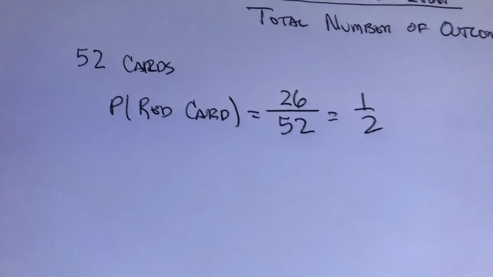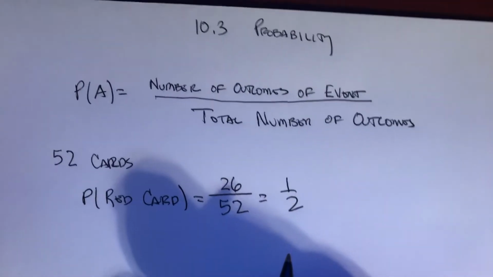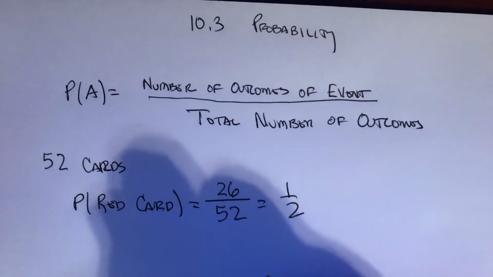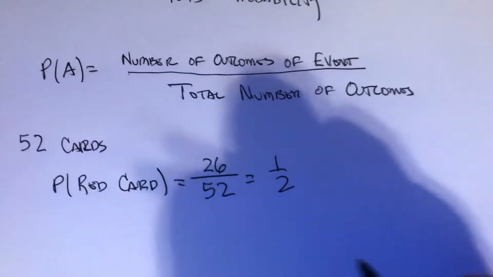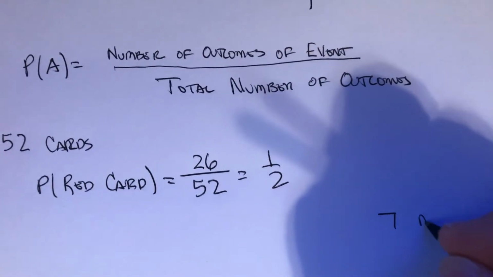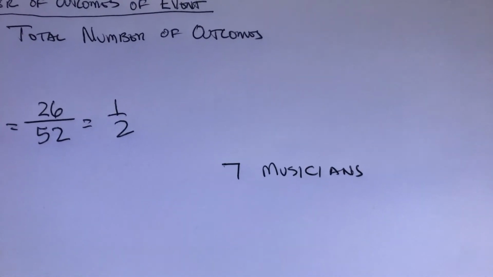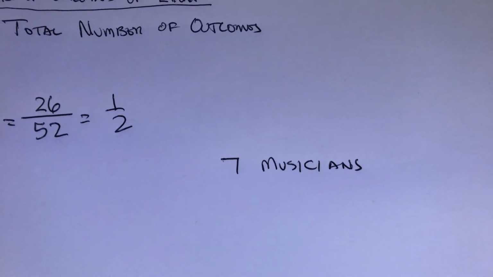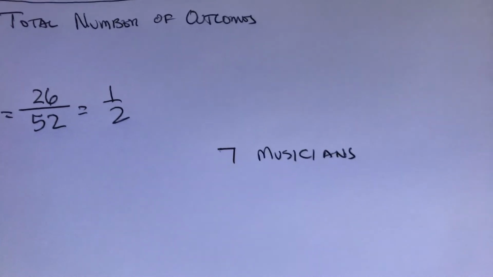All right, so we've got a place that's hosting a talent contest, and on one evening, 7 musicians are scheduled to perform. The order in which the musicians perform is randomly selected.